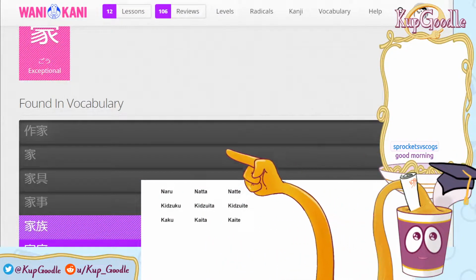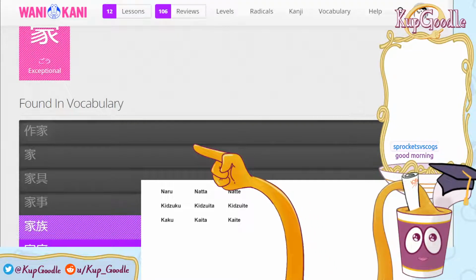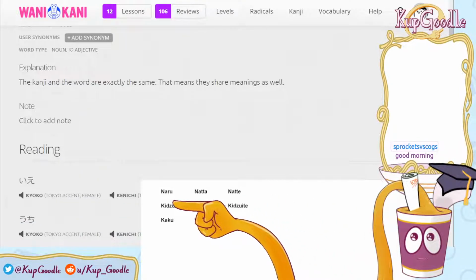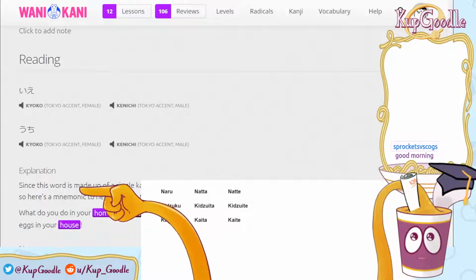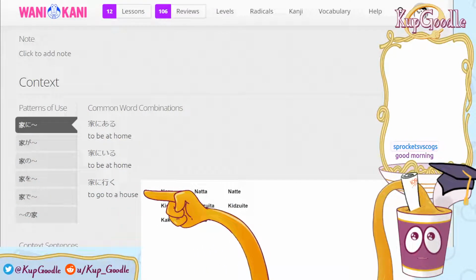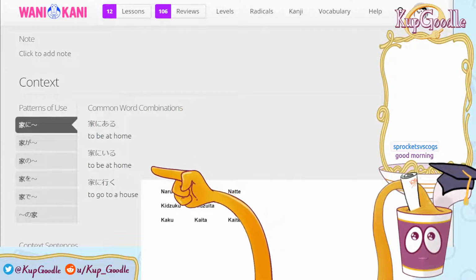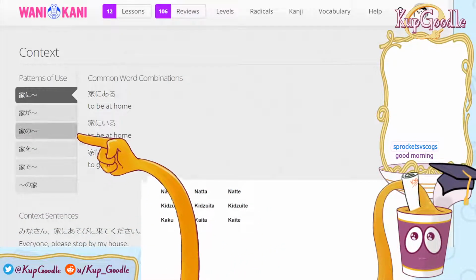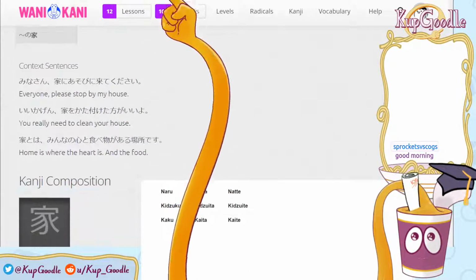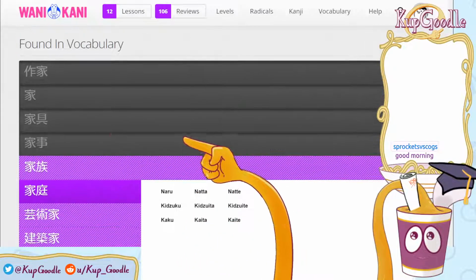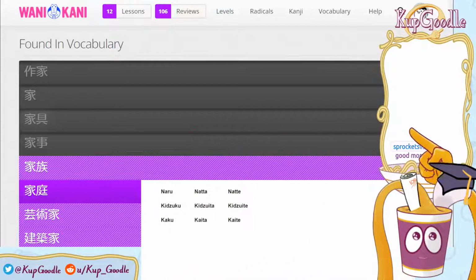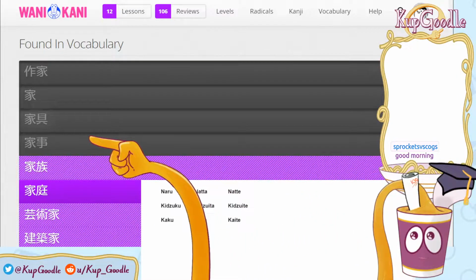Saka is an author. Ie or uchi, right? You can do both of them. That's kagu, furniture.